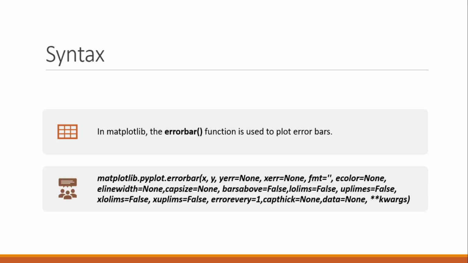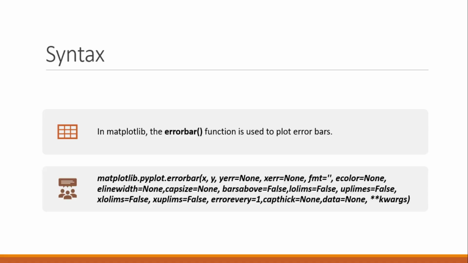Now it's time to see the syntax to create an error bar in Matplotlib. So in Matplotlib, the errorbar function is used to plot y versus x as a line or a marker with attached error bars. And the syntax is matplotlib.pyplot.errorbar.